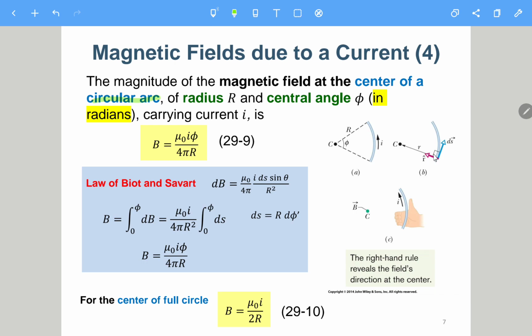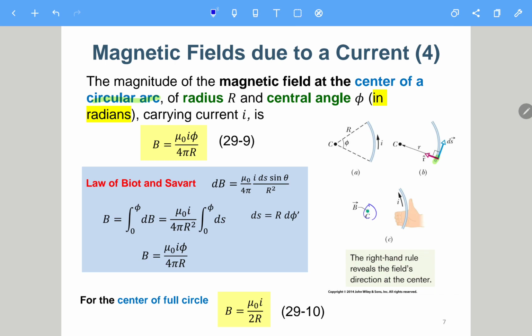So consider ds here. ds points to top right, and then our axis is from this point pointing to the center. This is actually the radius of the arc. So we should have ds cross r hat, which should be pointing out of the page, so we can see the B field is pointing out of the page.